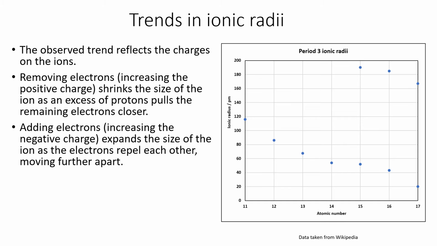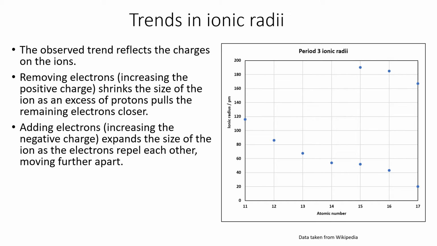Right at the top right of the diagram, we actually have some negative ions. On the right hand side of the periodic table, in groups 15, 16 and 17, so these are atomic numbers 15, 16 and 17, we've got phosphorus, sulfur and chlorine, and these elements can fill their outer shells to form negative ions.